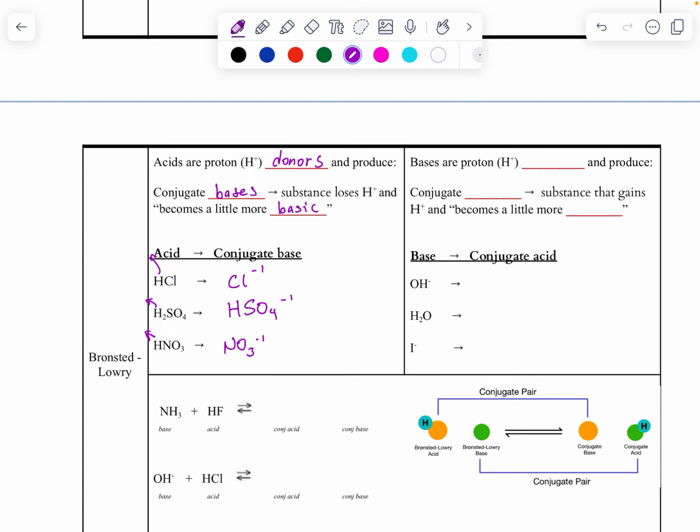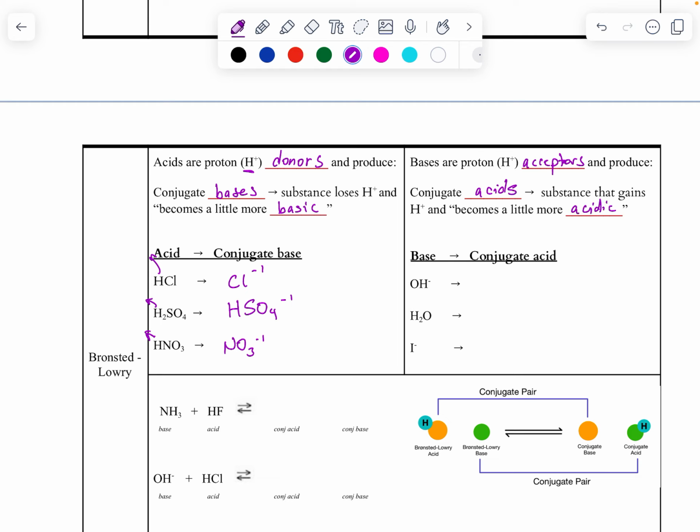And the same thing is true for bases on the opposite side. If acids that have the H plus ions are donors, then the bases that don't have the H plus ions to begin with are the acceptors. Right? So, of course, if they accept another hydrogen ion, then that means that they become conjugate acids, which become more acidic.